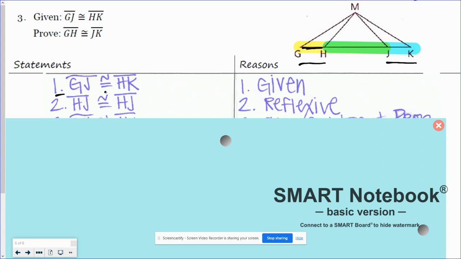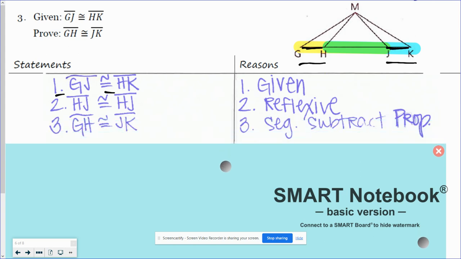And if I go HK minus HJ, I'm going to get this segment JK. And that's what I'm trying to prove is congruent. So I did some subtraction with segments. That's the property that I used. Segment subtraction property is my reason.